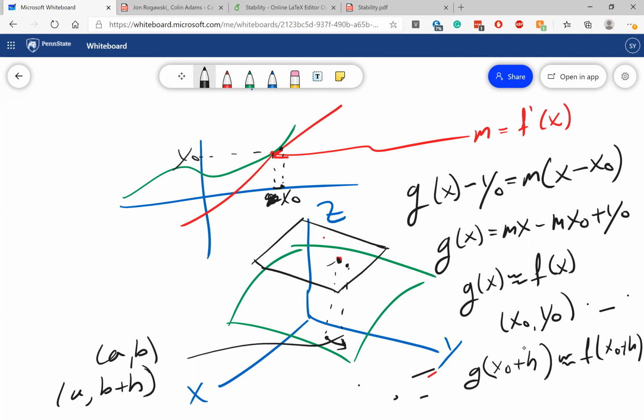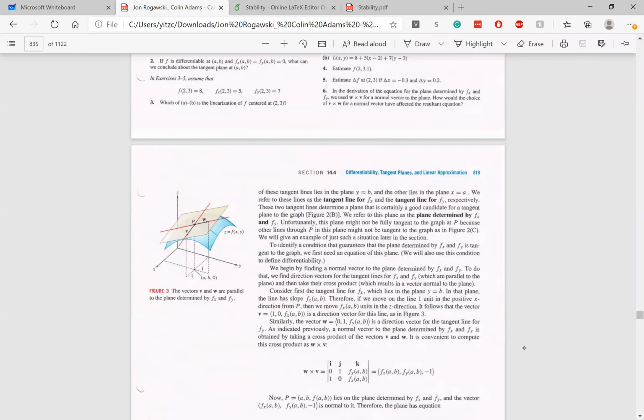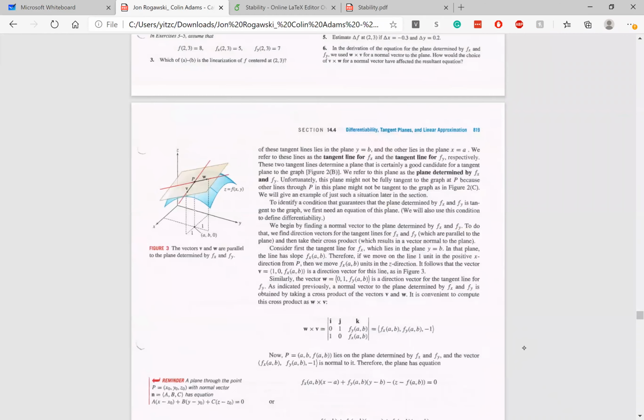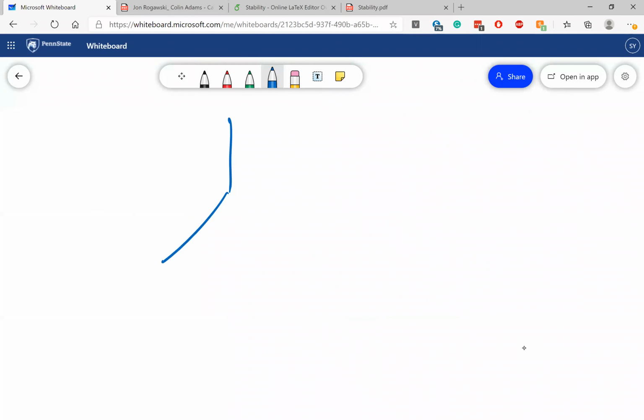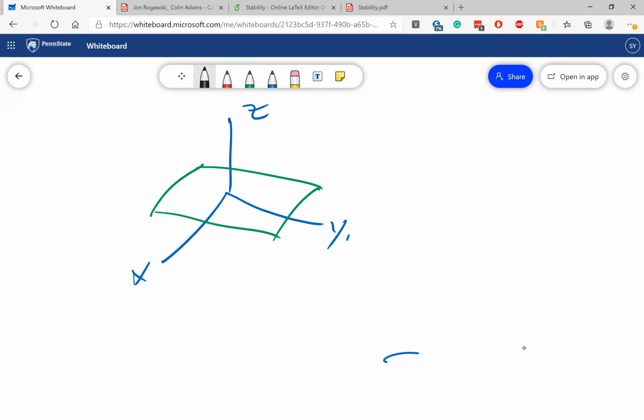Okay, so same thing we can do with three dimensions. First we can think about having two lines that are tangent to this surface, and these two lines have the slopes f with respect to x and f with respect to y respectively, like we said last time. So if here's our plane, we want to find the tangent line at some point.